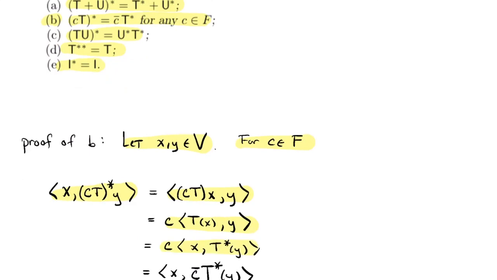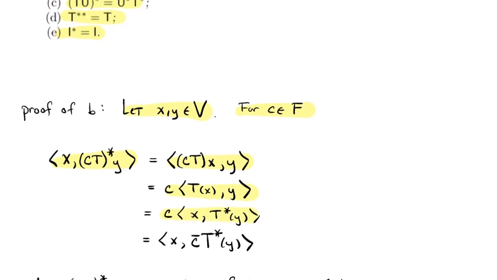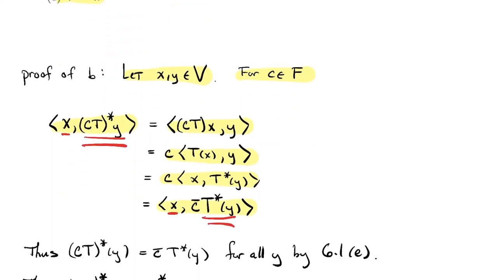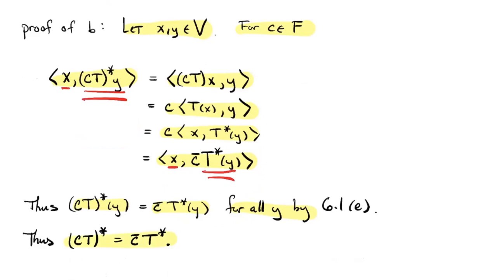Then I put the adjoint back across the comma. Then I put the scalar multiple back in the second coordinate, but when you do that, you get a conjugate bar on it. Right? So again, by theorem 6.1e, if this is true for all X, then the elements in the second coordinates have to be the same. So that shows by theorem 6.1e that (CT) star applied to Y is C bar times T star applied to Y for every Y, and therefore those functions are equal.